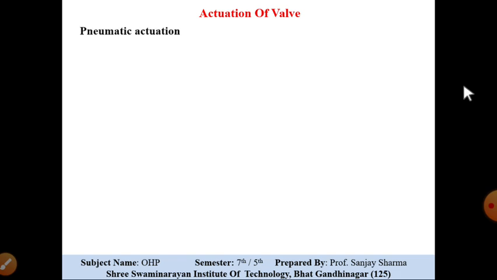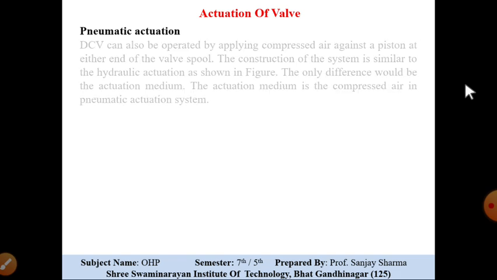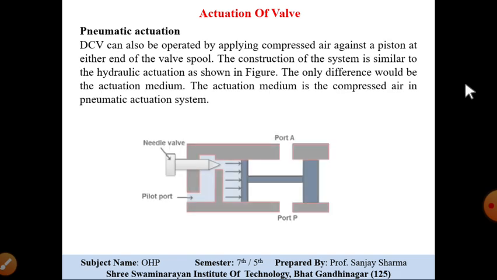The next one is pneumatic actuation. Normally in pneumatic actuation, the DCV valve operates by applying compressed air. The figure is the same as the previous one, but the only difference is that the air will be supplied through the pilot port.